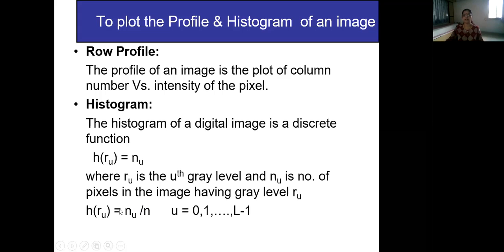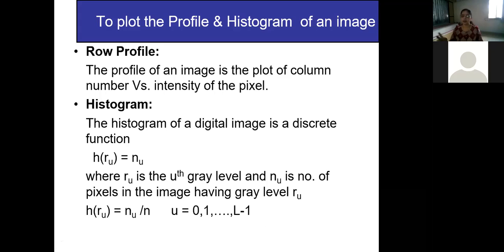When we normalize the histogram, it can take values between 0 to 1, because we are dividing the number of pixels belonging to a particular gray value by the total number of pixels. Here k represents a particular gray level, and it can take values from 0 to L minus 1, where capital L is 2 raised to K, and K represents the total number of bits used to represent each pixel.